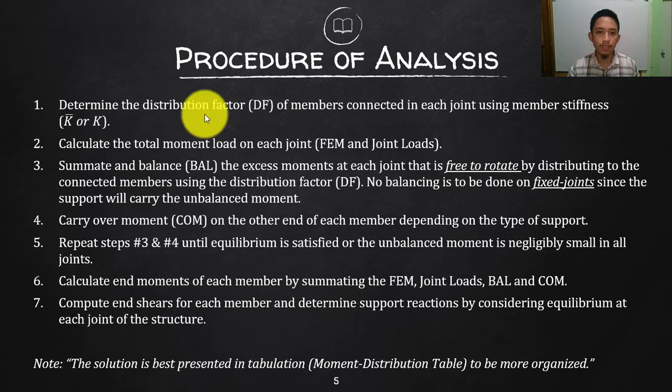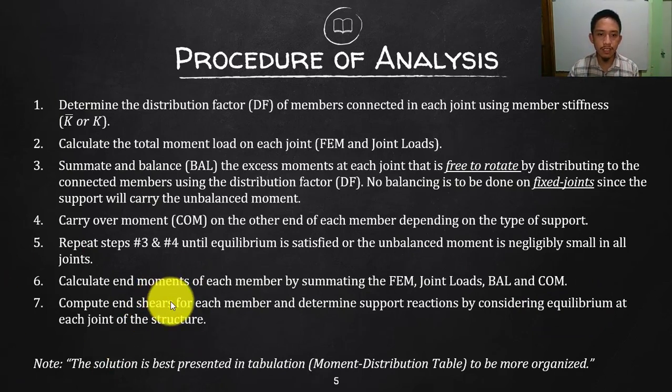Maybe you will end up there with equilibrium and almost negligibly unbalanced moment. However, you may have a mistake in doing that one, so that will actually be seen if you will try now to calculate the equilibrium, or what we call check the equilibrium of the total structure once you have now the supports of that.